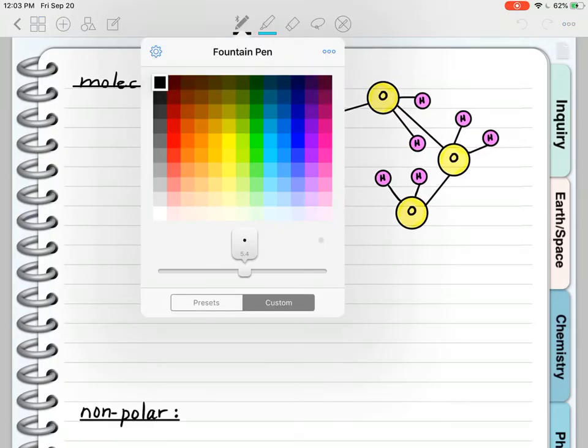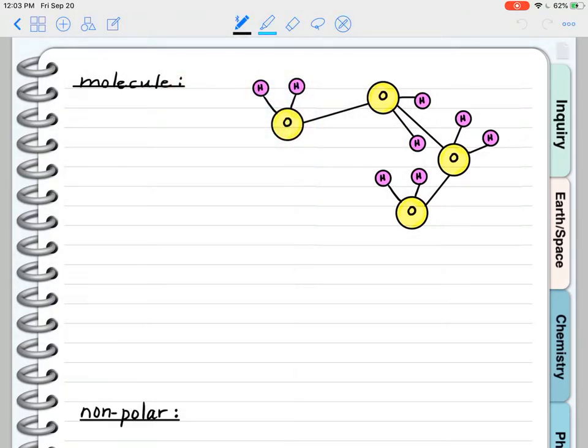A molecule. I've drawn you some molecules of water in one very big molecule of water. Here's the definition of molecule.